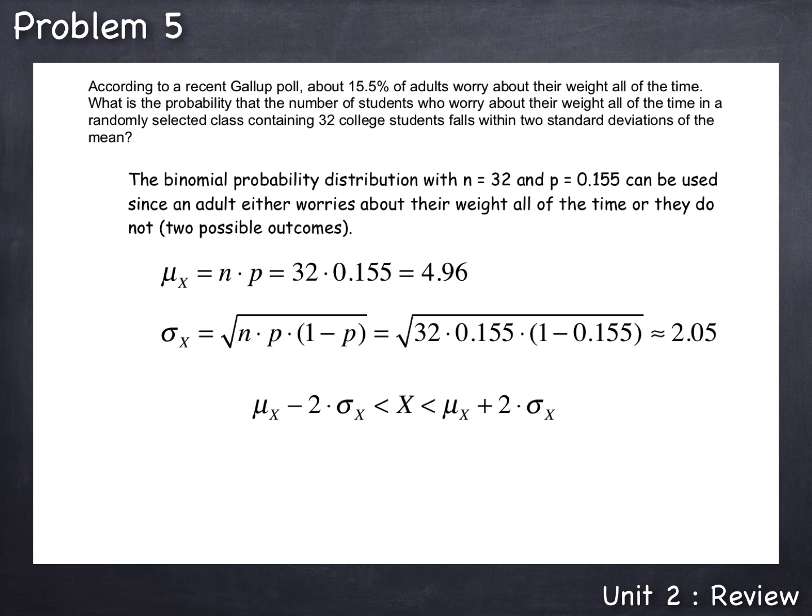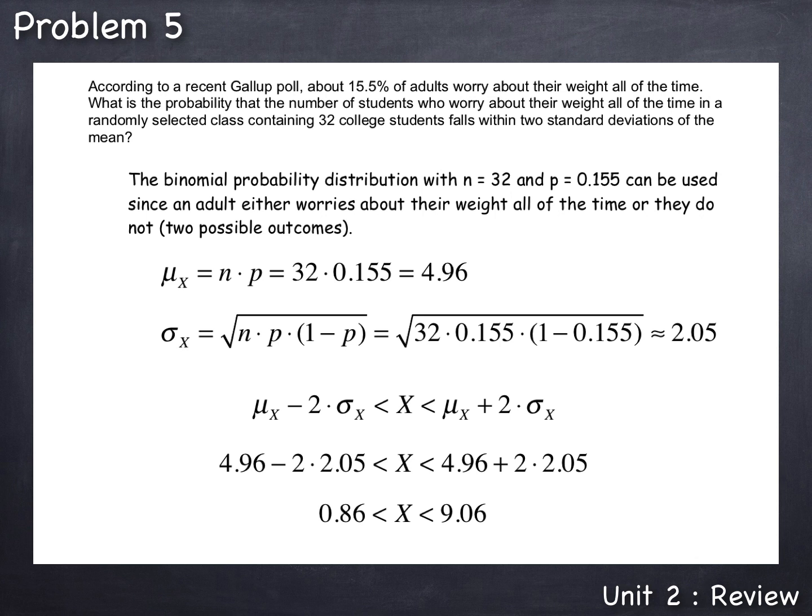So now plugging in the values for the mean of 4.96 and the standard deviation of 2.05, we can find the interval for which it falls within 2 standard deviations of the mean. The lower value is 4.96 subtract 2 times 2.05, which equals 0.86.